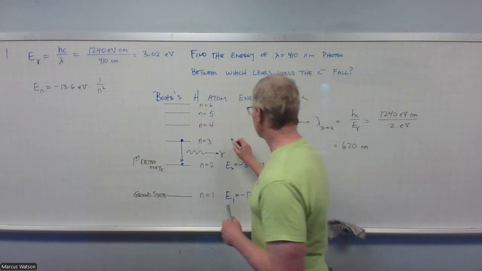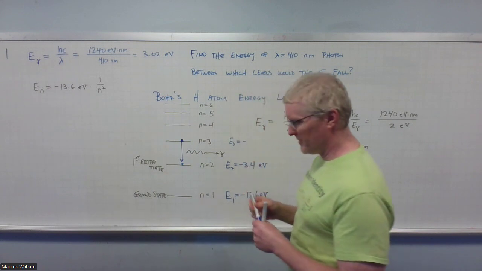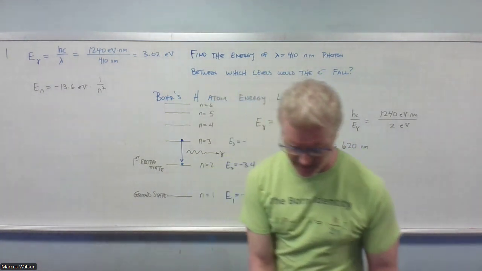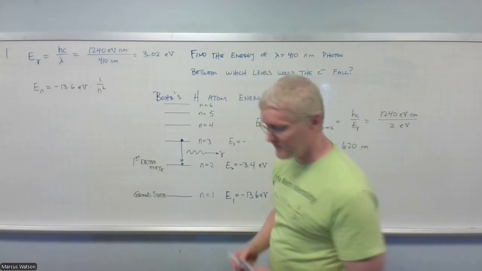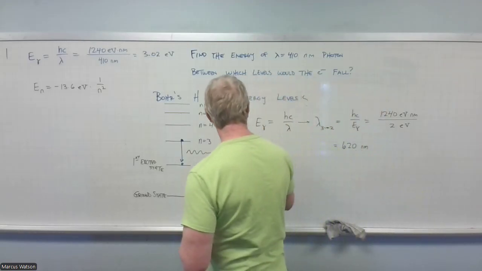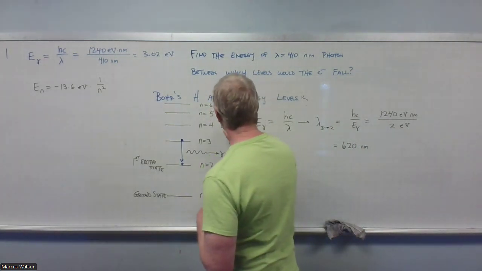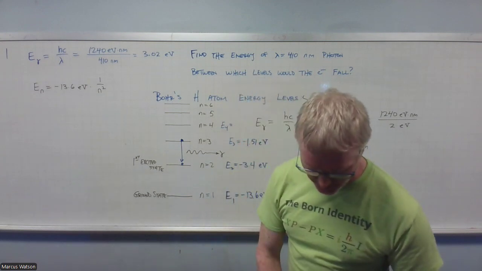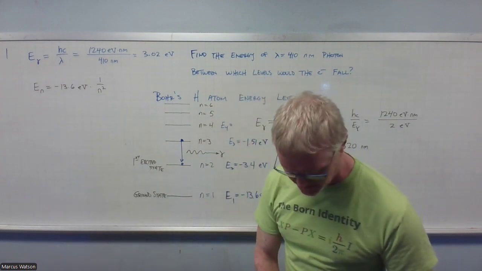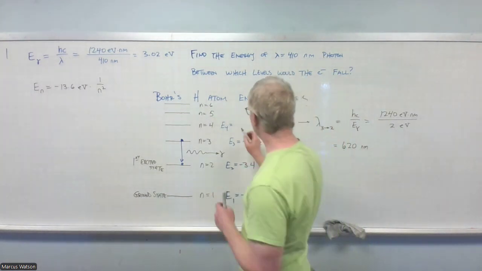Okay. Here E3 is, I believe that's negative 1.8, I can't quite remember, 13.6 divided by 9 is 1.51, that's right. 1.51. E4, let's do 13.6 divided by 16, and that's negative 0.85.